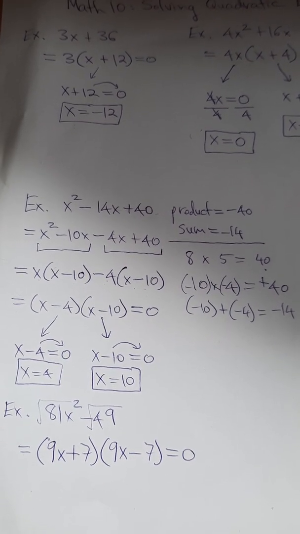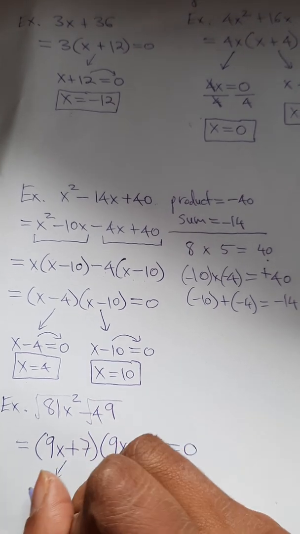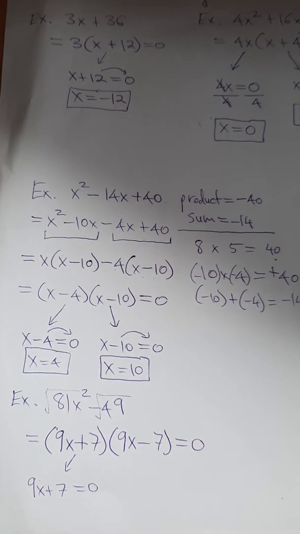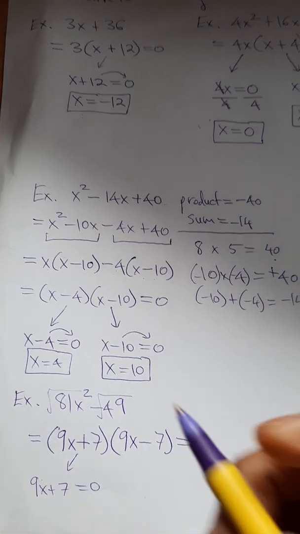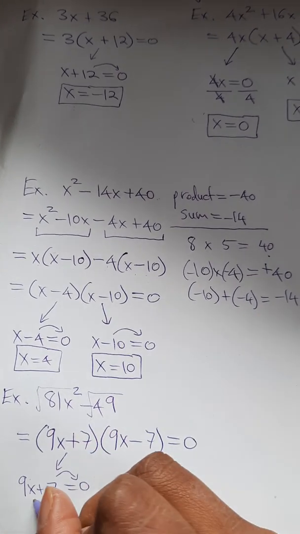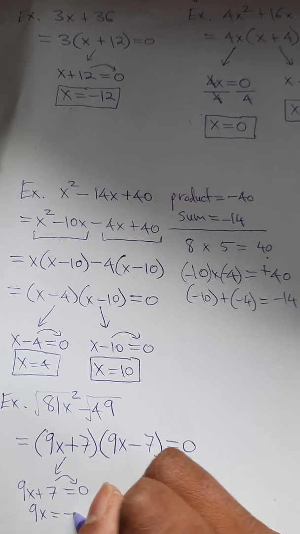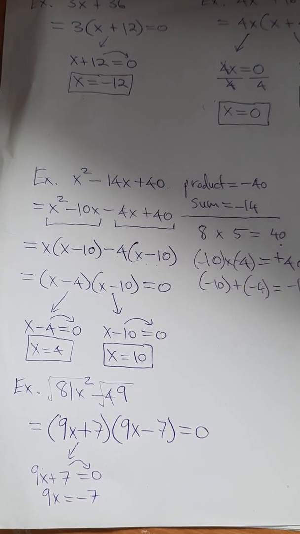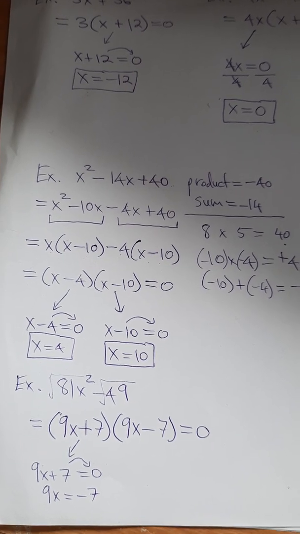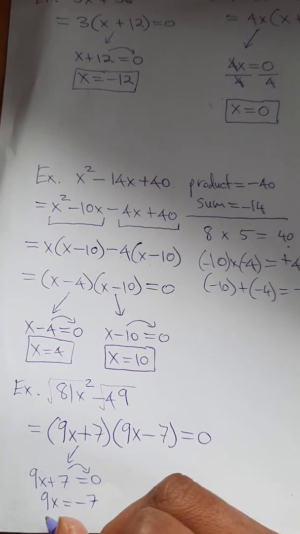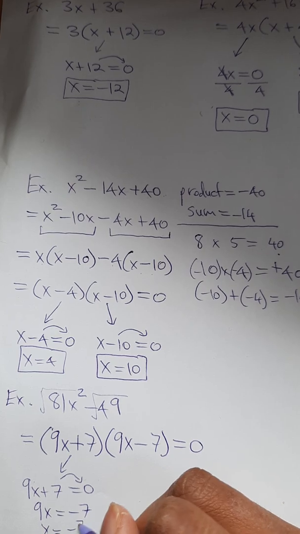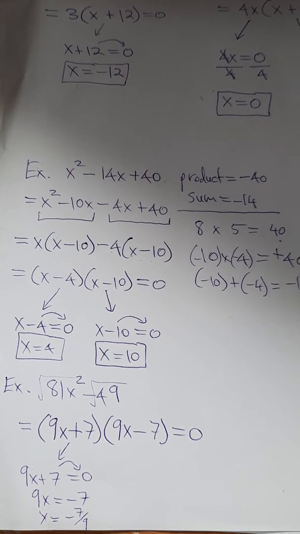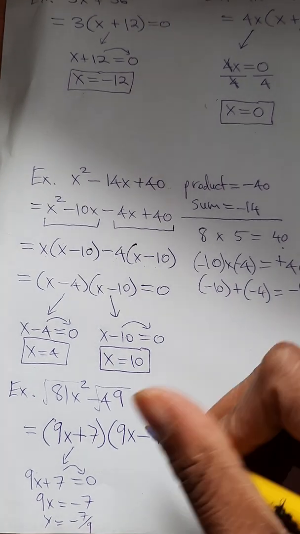All right, so we have 9x plus 7 equals 0. In this case, I'm going to take the 7 to the other side, so 9x equals negative 7. But my final answer for x is I'm going to divide by 9 on both sides. So x is equal to negative 7 over 9. And again, the same thing on this side.